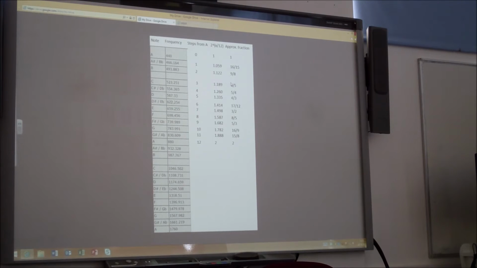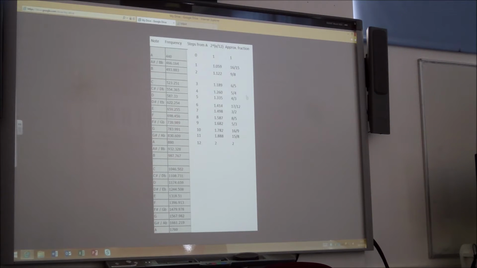So that is again a fairly simple fraction. If we go from A to D, that's a multiplication of 1.335, very close to 1 1/3. And you'll notice that some of these fractions are quite simple.